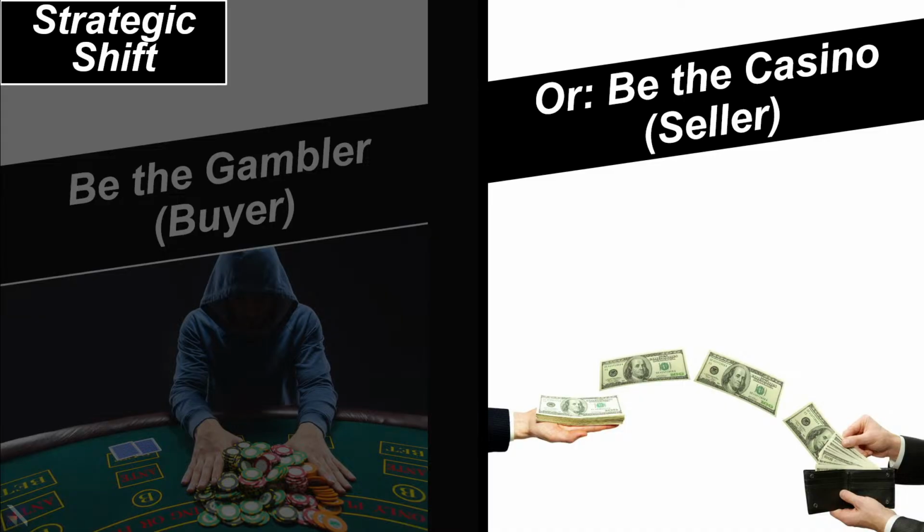Now, the reason you want to be the casino or the house and not the gambler is that, well, number one, the house always wins. Number two, the house always wins because they control and stack probability in their favor. The options paycheck system is built around you stacking the odds massively in your favor.